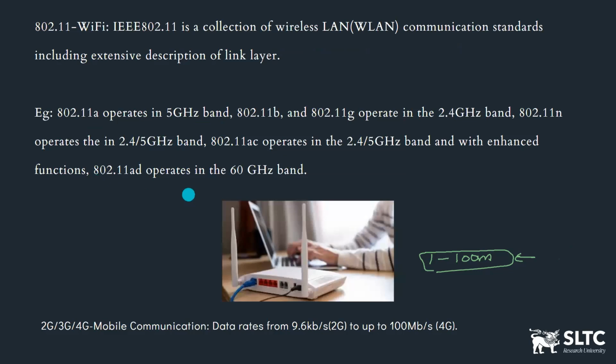Then we have Wi-Fi, which is much more preferable in our day-to-day lives, mainly because of its data rate. It has higher data rates, and therefore it is more preferable and popular among people when we compare it with Bluetooth.